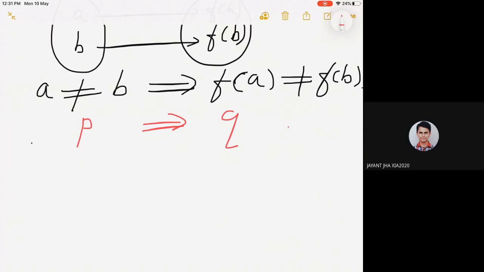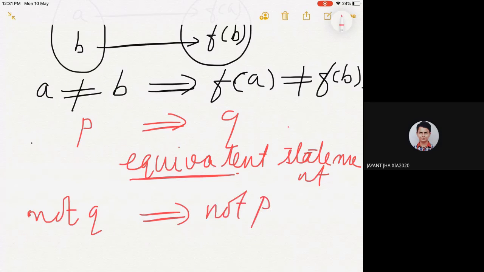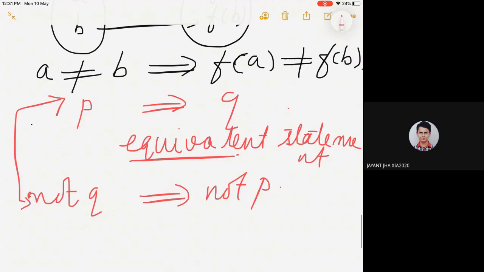And there is an equivalent statement for this, which is known as the contrapositive statement. That is, not Q implies not P. These two statements we consider as equivalent statements. That means instead of proving the first statement, you can prove the second statement; both have the same meaning.